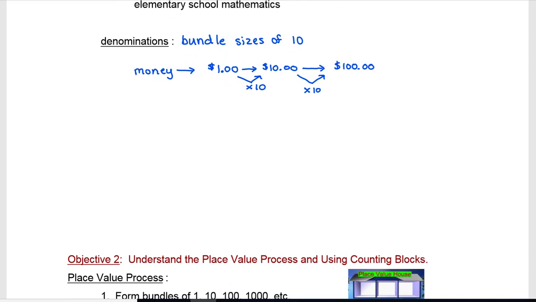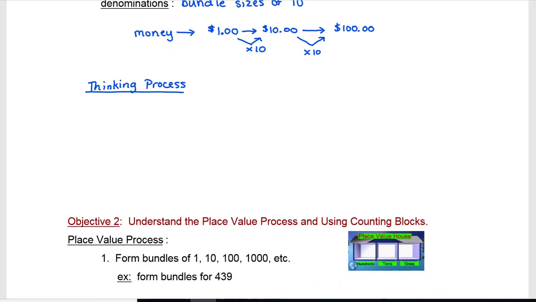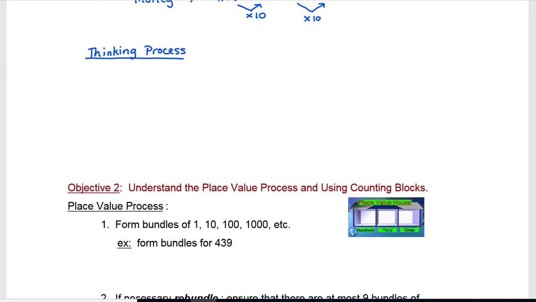All right, let's talk about the thought process, or the thinking process behind it. When you first are teaching place value, you're going to start kids with a concrete thought. Concrete would be manipulatives.